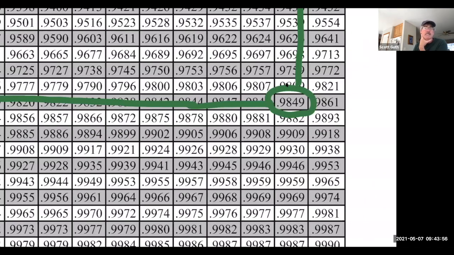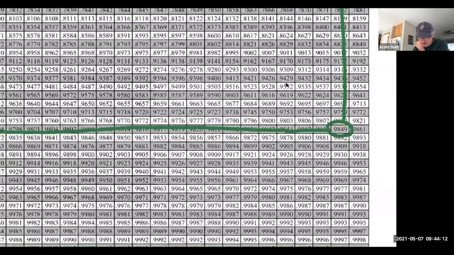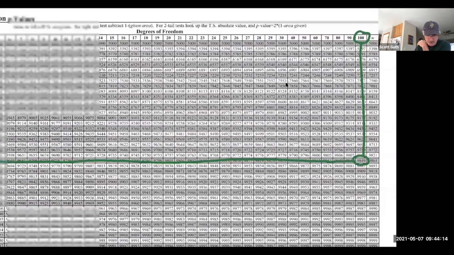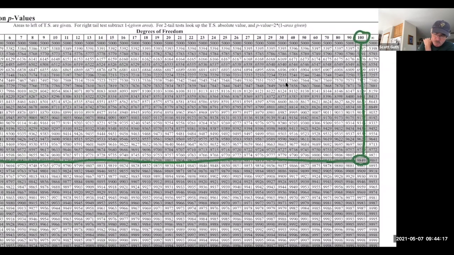And you have to remember these tables give cumulative distributions. The area accumulates up to the point that you're looking at. So this is the cumulative area of everything up to the t statistic that we looked up. That is another way of saying that this is the area to the left.